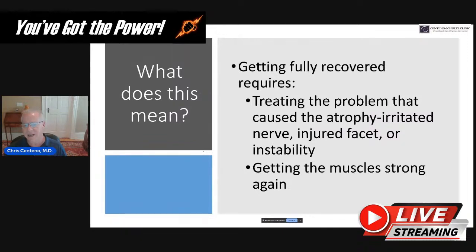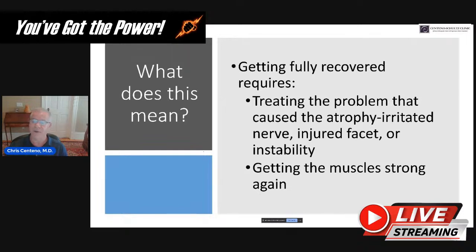Well, it means that getting fully recovered requires treating the problem that caused the atrophy, or an irritated nerve, an injured facet, or instability, which is where we see this most often. And then getting the muscle strong again, because remember, I've told you many times, at the end of the day, stability in the spine requires a strong muscle and a strong ligament.